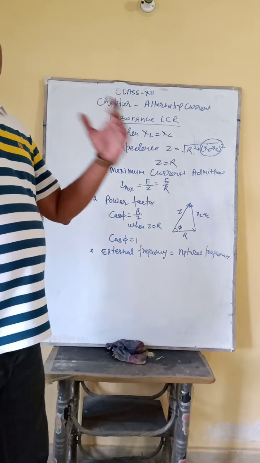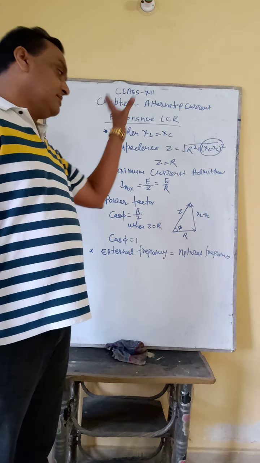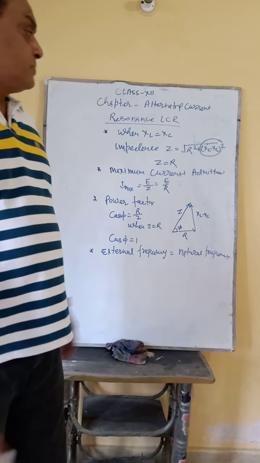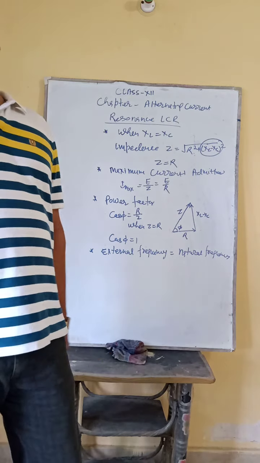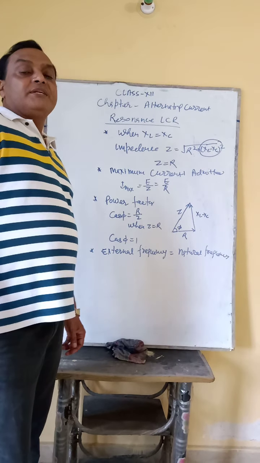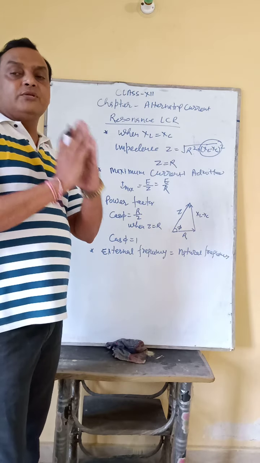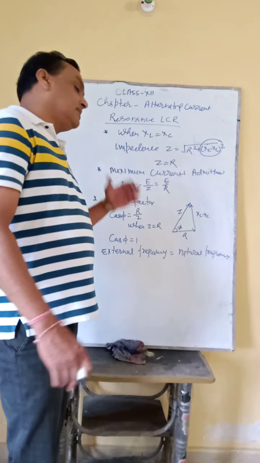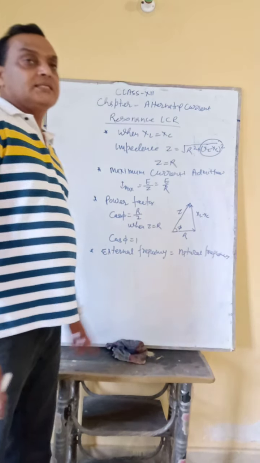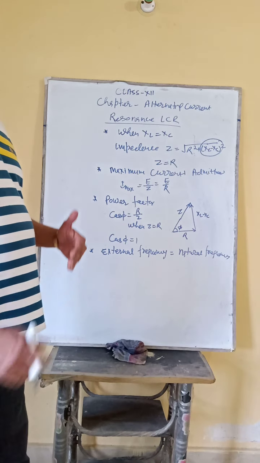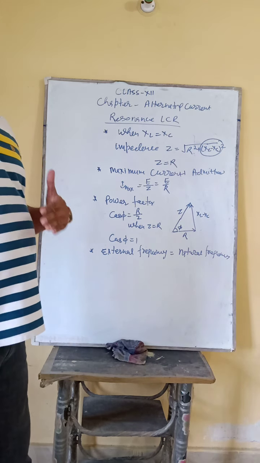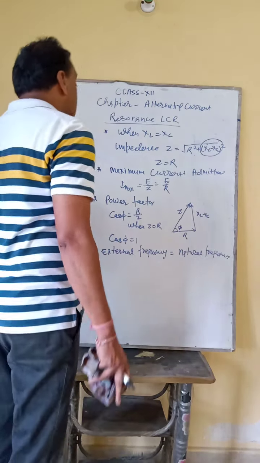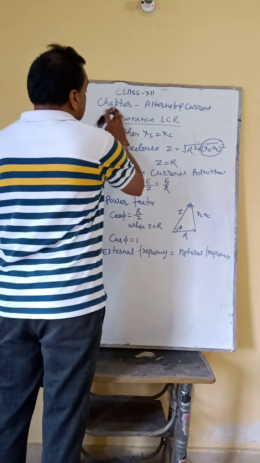Sometimes it will not be directly written that the LCR circuit is in resonance, because in one video I will completely solve the numericals, once the chapter is complete. So sometimes it will be written that maximum current flows, that is the condition of resonance. Power factor is unity, that is the condition of resonance. External frequency matches the natural frequency, this is the condition of resonance. So these are the conditions for resonance in an LCR circuit.